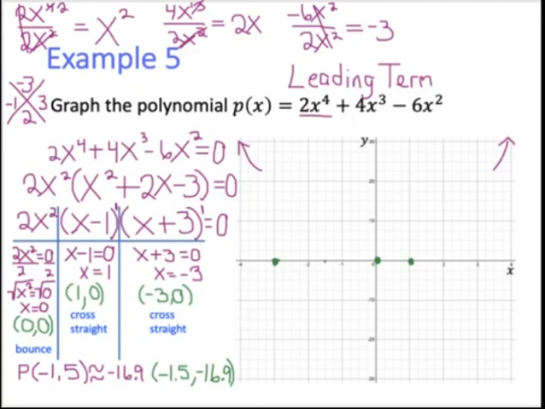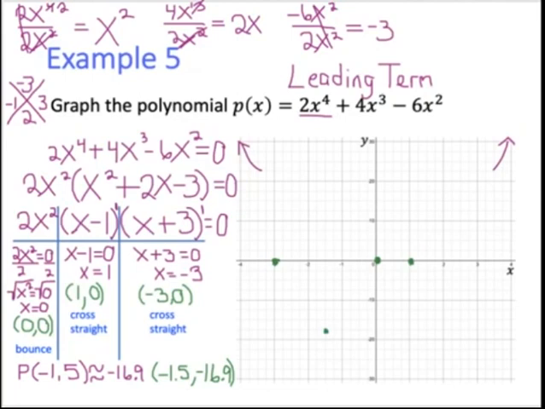This is -1.5. Notice that our scale is counting by 5s, but we do have these small grid lines as well. So we have -1.5, and this would be -15 here. And -16.9 is just shy of -17, so it's probably about right here. This is just a good estimate.